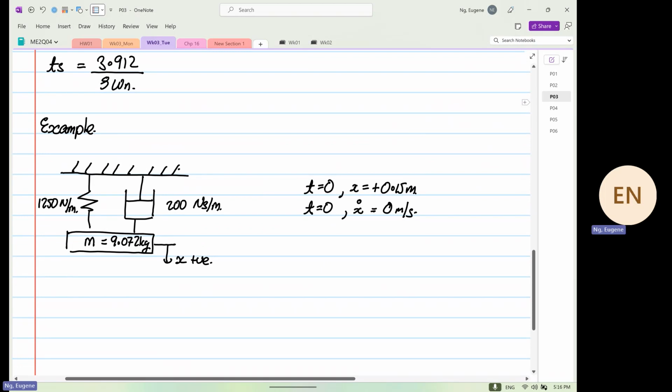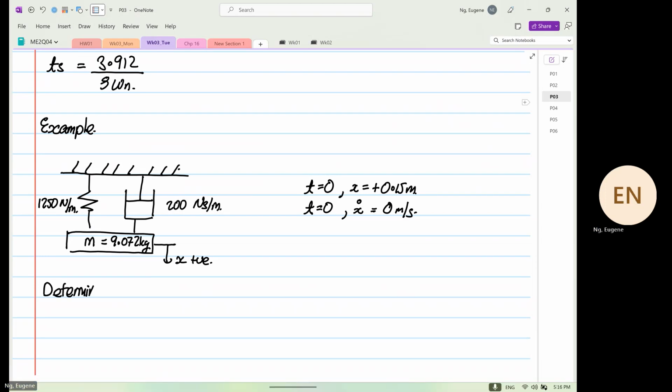So the first thing we want to find, we are going to determine the rise time.